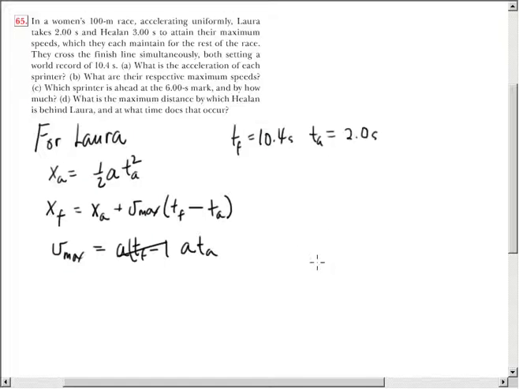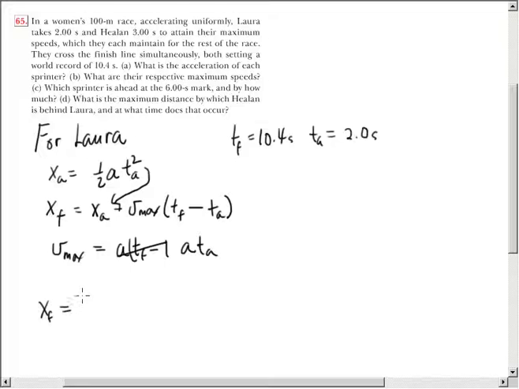Alright, can we solve for the acceleration? Pause the video and work it out as to whether you can solve for the acceleration. Try to do it symbolically. Starting with the second equation, xf equals, well, we can substitute for xa over here.